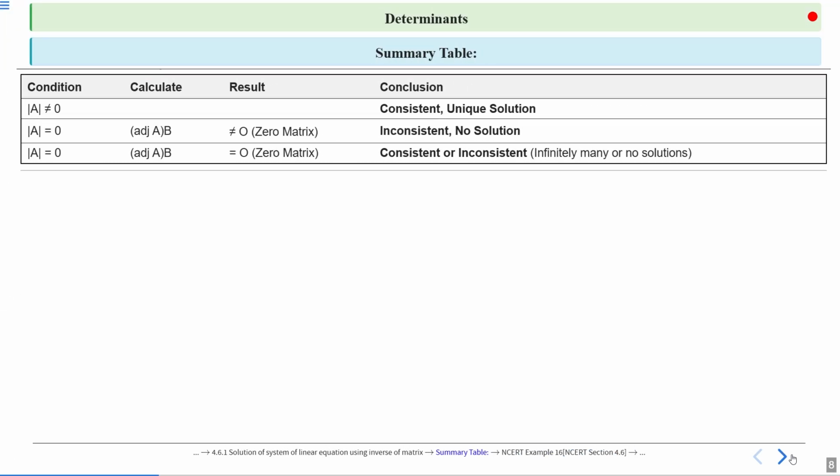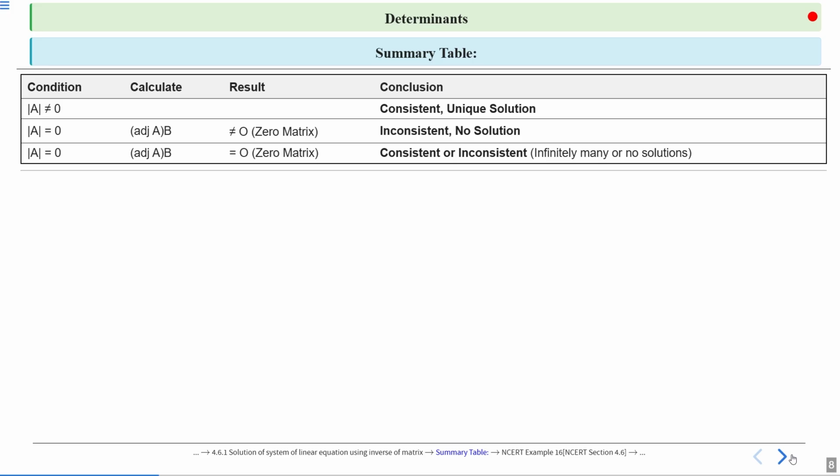So we can summarize it as, if determinant of A is not equal to 0, then the system of equations is consistent and has a unique solution, given as X is equal to A inverse B. Second case, if determinant of A is equal to 0, then A inverse doesn't exist.